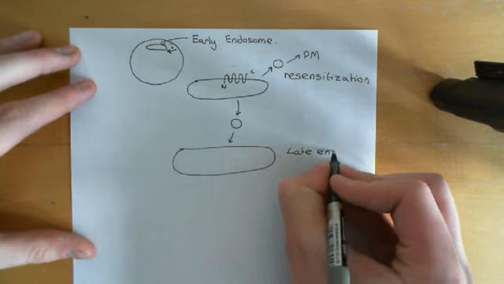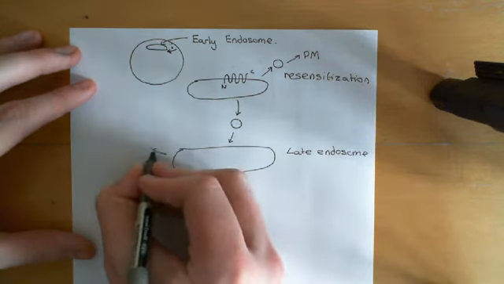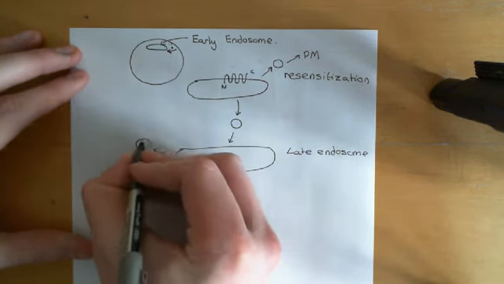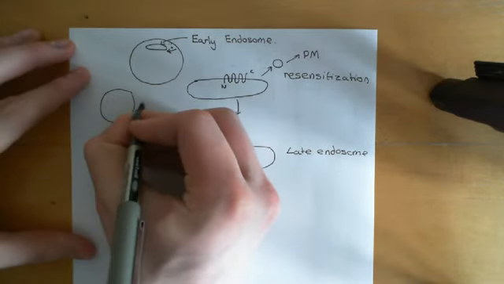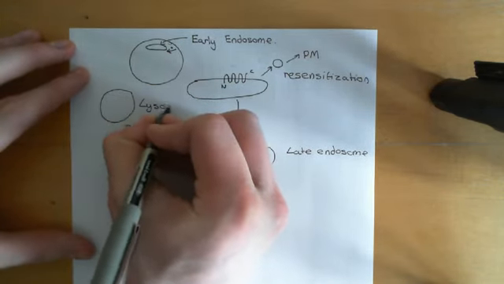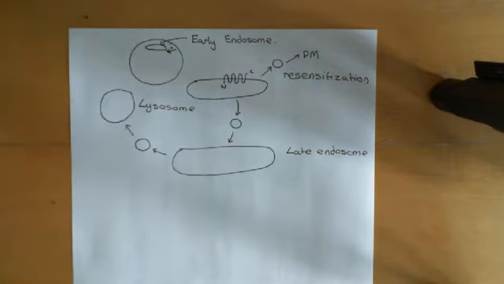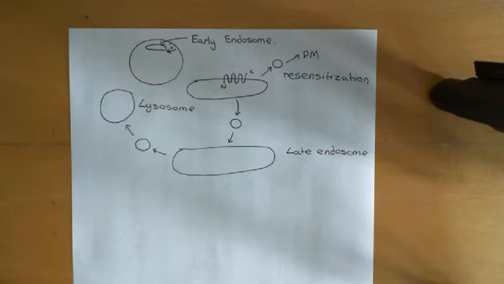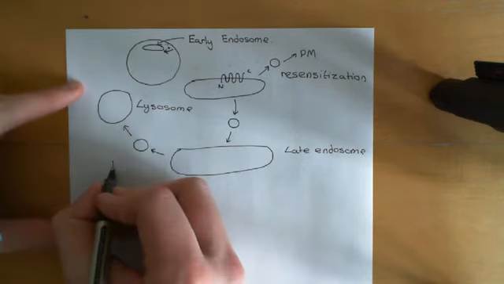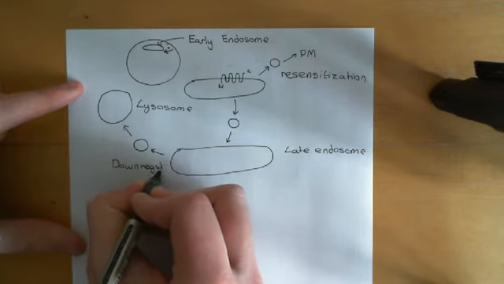It will go into the late endosome for a while, and then finally it will go off in a little vesicle from the late endosome, and it will go to the final place, which is a structure known as a lysosome, which is a much bigger membrane-bound ball than just a vesicle, and it contains loads of enzymes that will then break down the G protein coupled receptor when it arrives in there. And this process of having the G protein coupled receptors targeted for destruction is called downregulation.